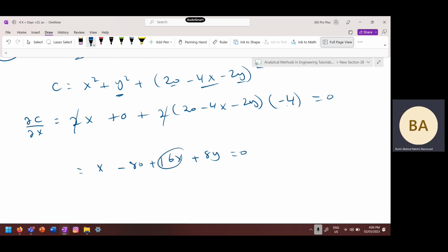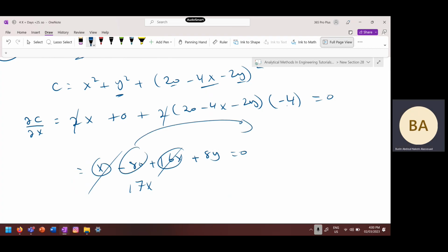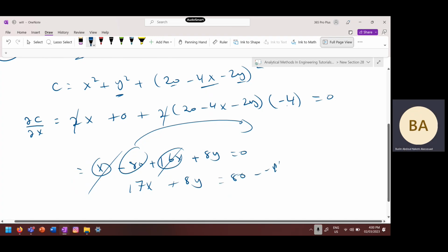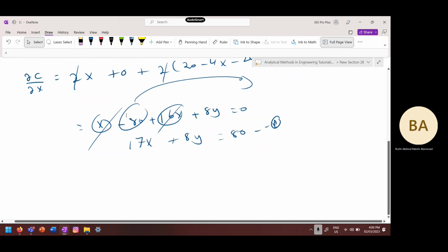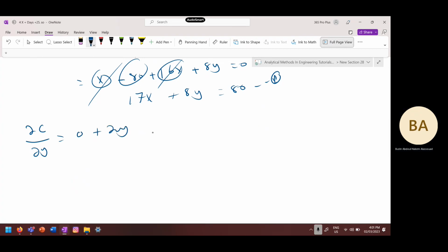So we'll have 17x, and negative 80 goes to the other side, and we have an 8y. So this is our first function. Now for our second function, we need to use partial differentiation again, but this time with respect to y. So you'll have 0 plus 2y.